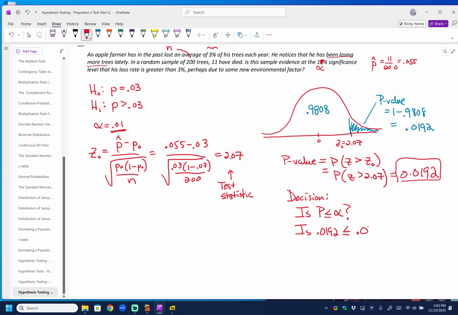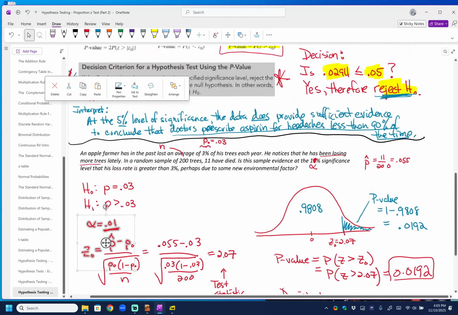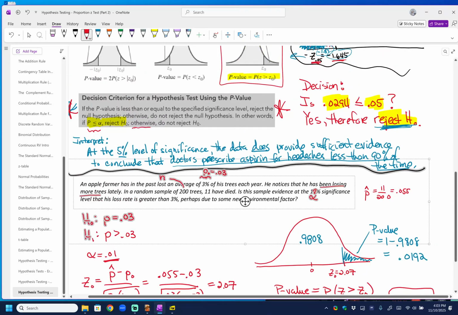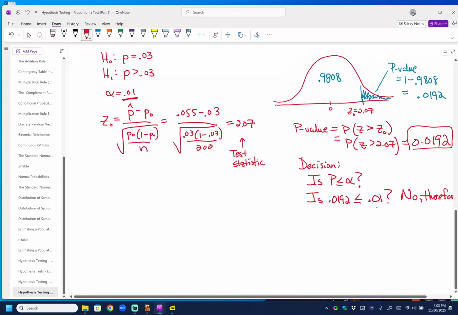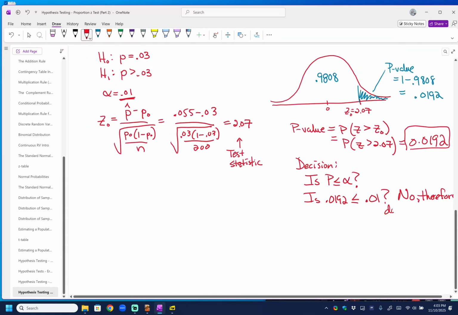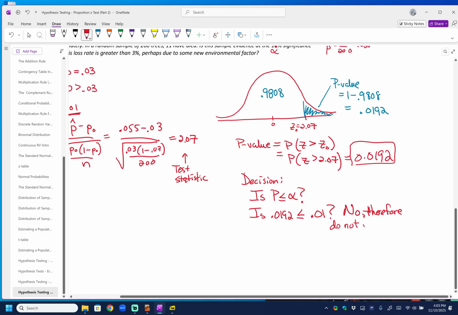The answer to that is clearly no. So remember what happened when it was less than, we rejected H naught. So up here, what it says is, otherwise, do not reject H naught. That is the key. So therefore, we would do not reject H naught.